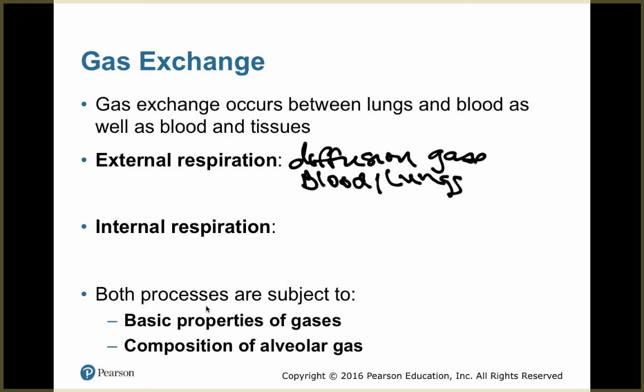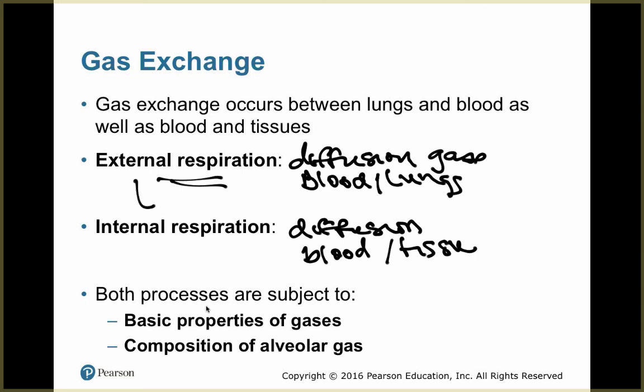Where internal respiration is the diffusion of gas between the blood and the tissue, right? So this is bringing it in through the lungs, and this is giving gas to tissue. They're both basically subjected to basic properties of gas and the composition of the gases that can come into the alveoli.